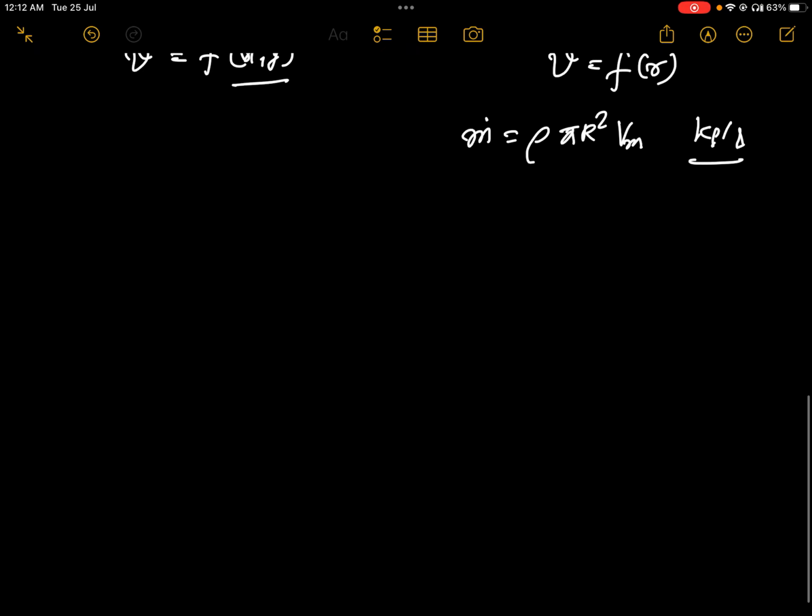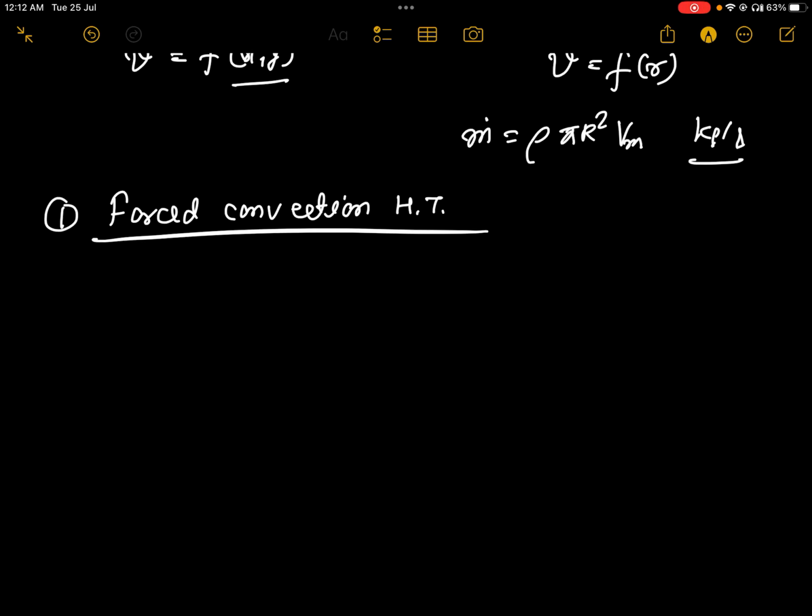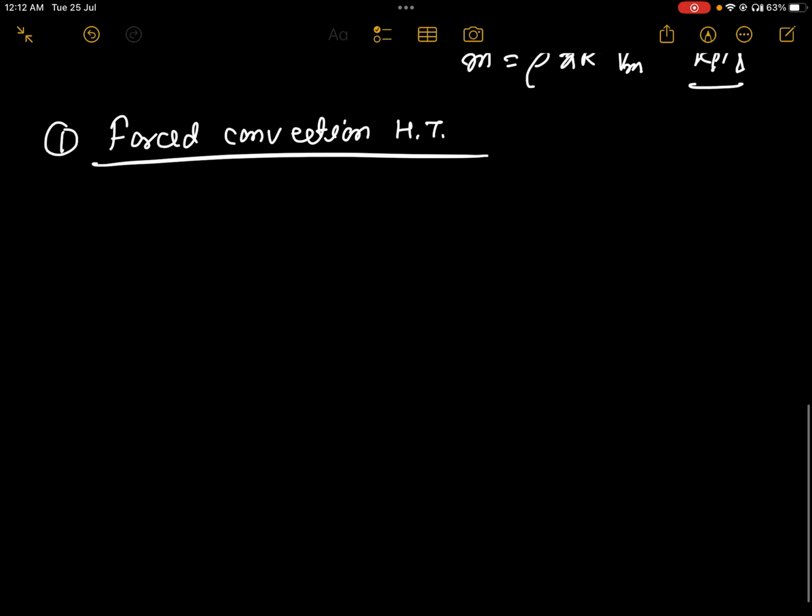So finally, first I will talk about the forced convection heat transfer. In any forced convection heat transfer, the heat transfer coefficient will depend on many factors: the velocity of the flow, the characteristic dimension, let's say if we have a pipe, then that characteristic dimension will be the diameter.